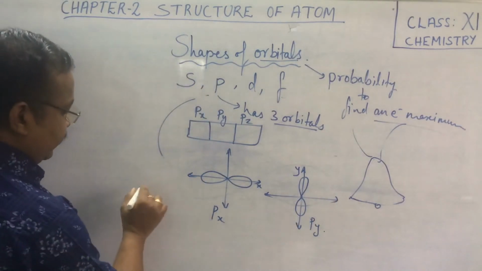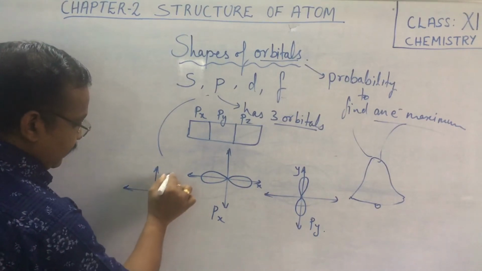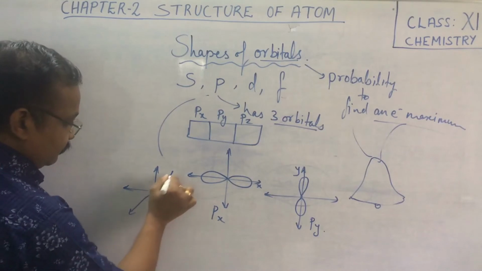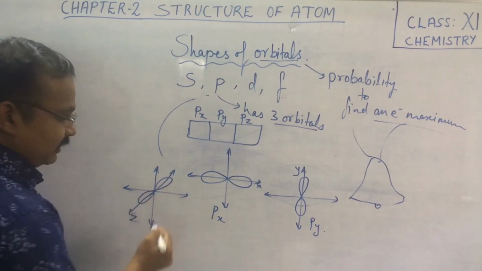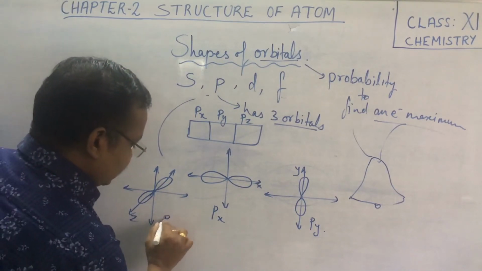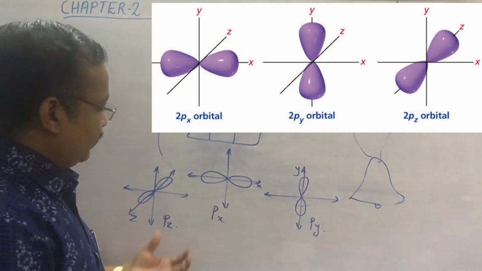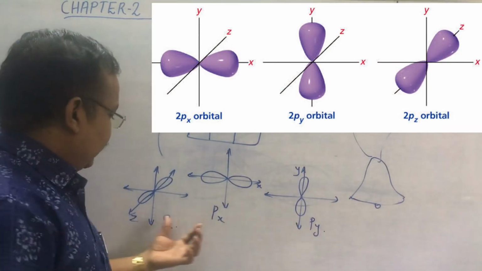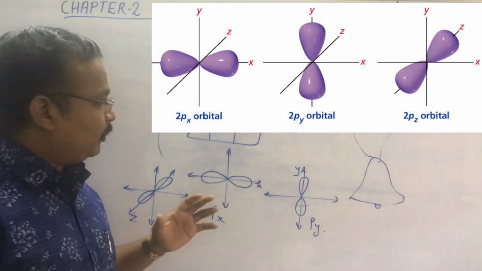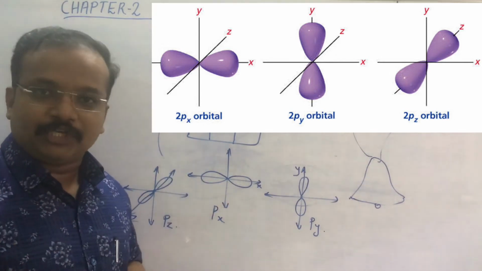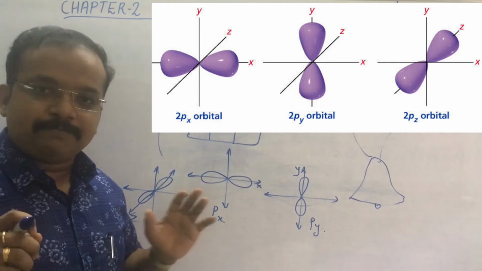And this is our z-axis; if the dumbbell is found on the z-axis, we call it a pz orbital. So p has three orbitals, px, py and pz. Children, what is the shape of the p orbital? The p orbital has a dumbbell shape, and the s orbital has a spherical shape.